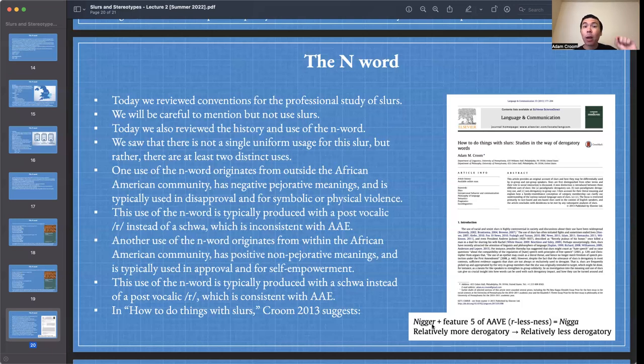If I make the context more in-group like, less out-group like, I further make the slur less offensive. The more I make this an in-group context amongst in-group members, the less offensive it is.